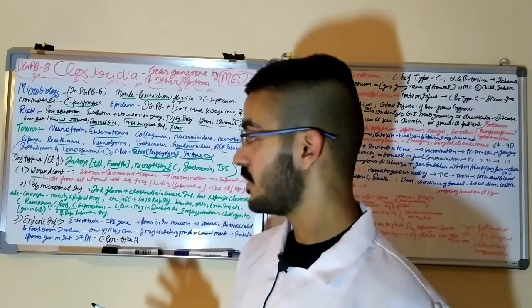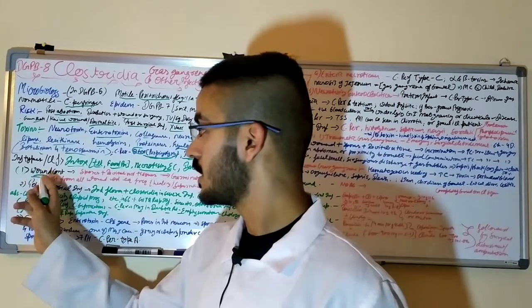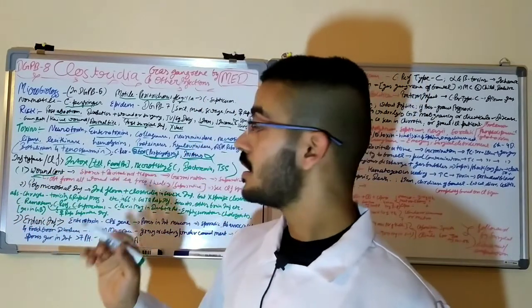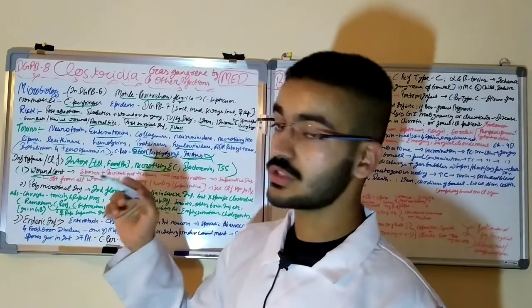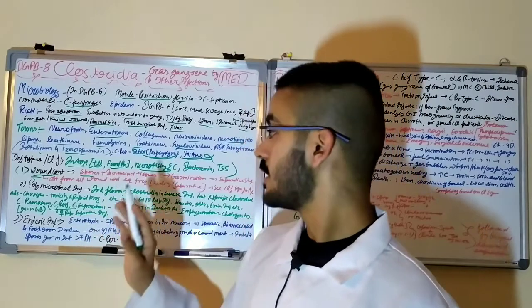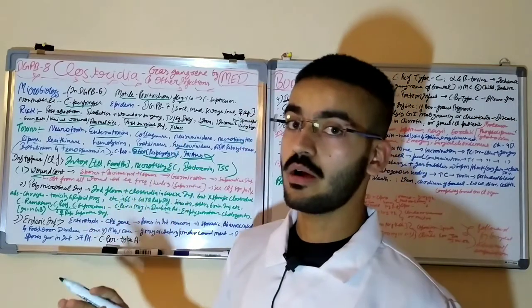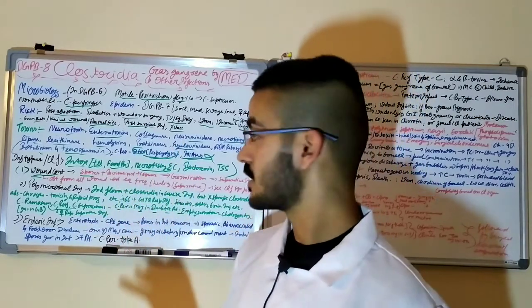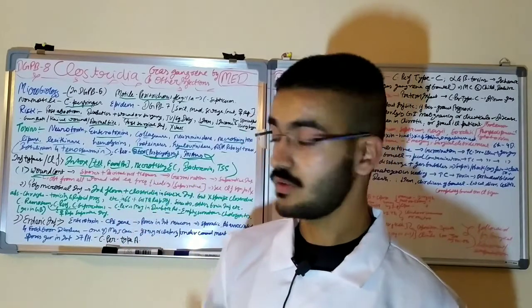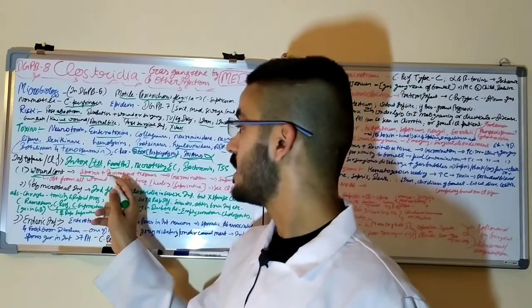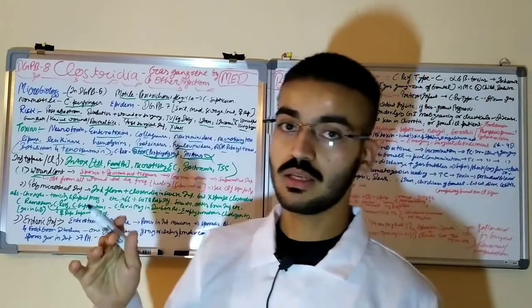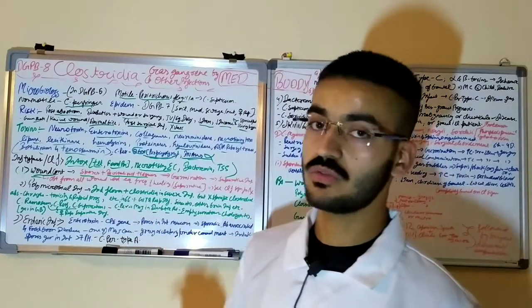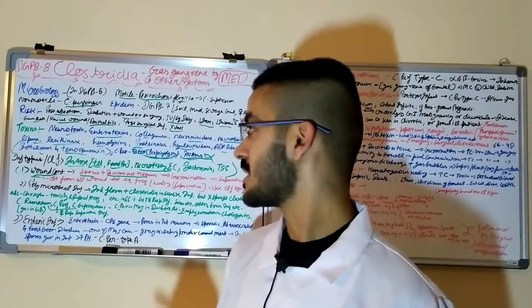The first type of infection is associated with wound contamination by the spores of Clostridia species. These spores require a special environment for their germination. What is that? They need devitalized tissues, that is the dead tissues which do not have blood supply.